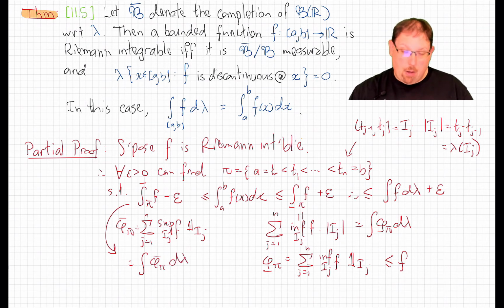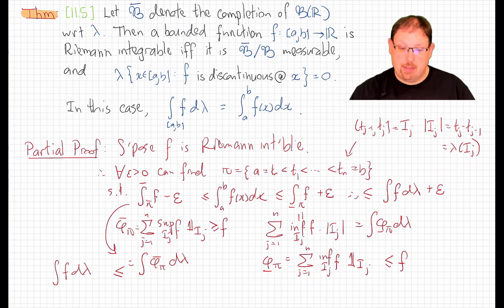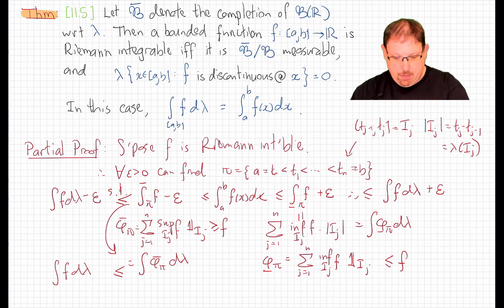And now by the same idea, the order property of the Lebesgue integral, that is going to be greater than or equal to the integral of f d lambda, because phi upper pi as a function is greater than or equal to f everywhere. And so that means that we have the inequality over here that this is greater than or equal to the Lebesgue integral of f d lambda minus epsilon.